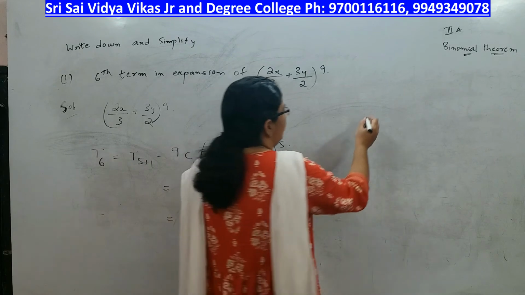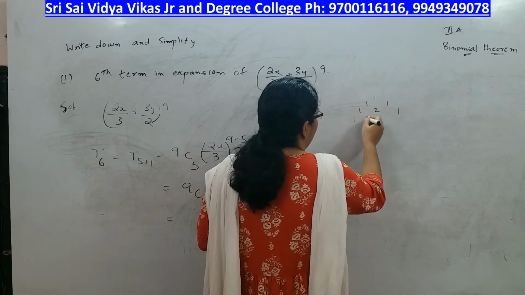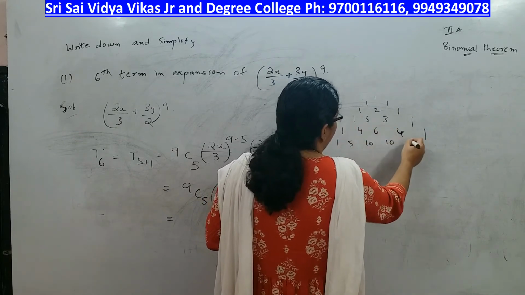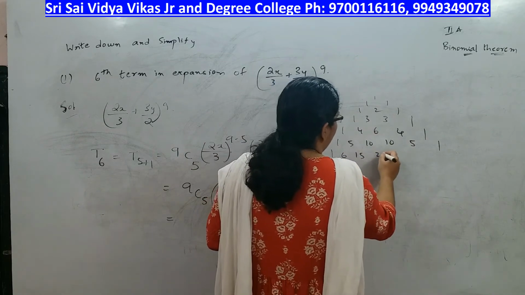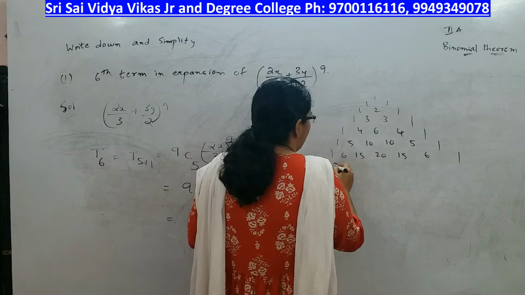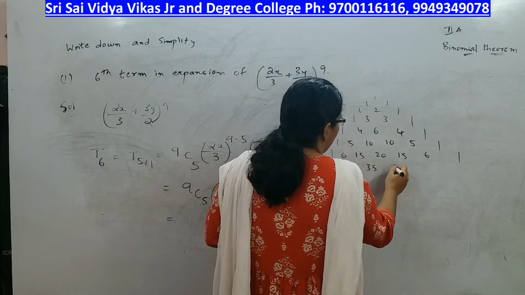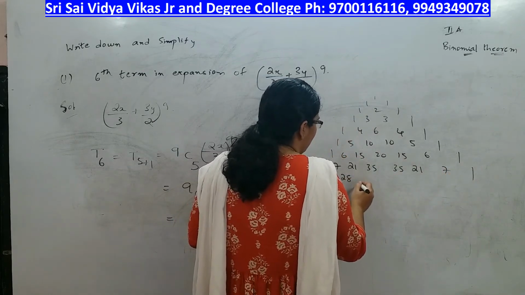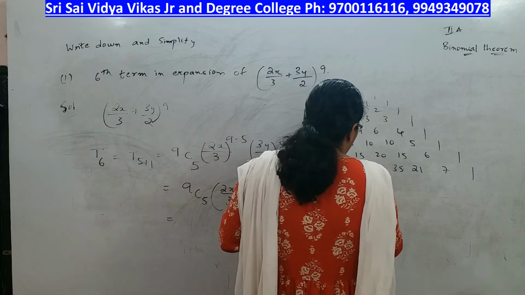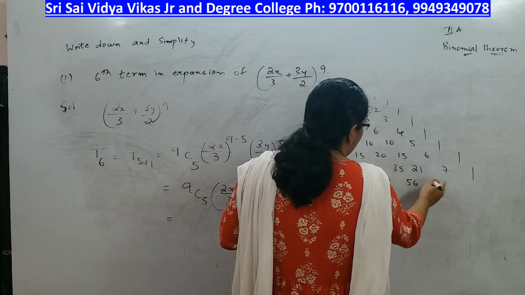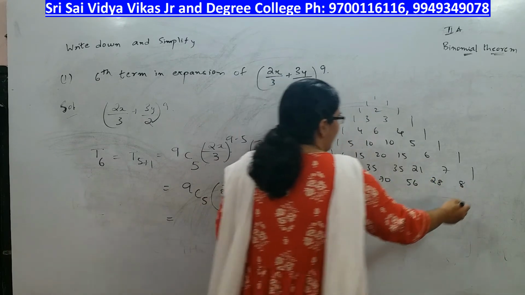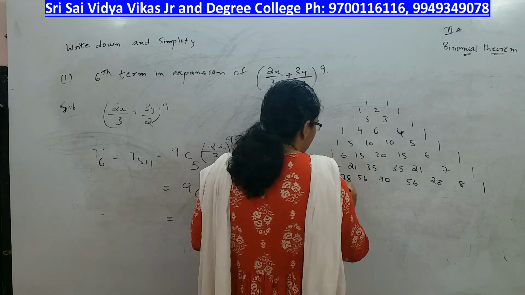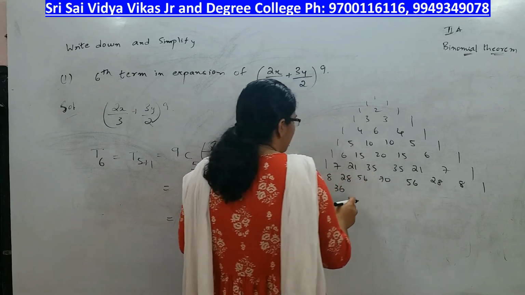Here you can use Pascal's triangle: 1; 1 1; 1 2 1; 1 3 3 1; 1 4 6 4 1; 1 5 10 10 5 1; 1 6 15 20 15 6 1; 1 7 21 35 35 21 7 1; 1 8 28 56 70 56 28 8 1; 1 9 36, 28 plus 56.